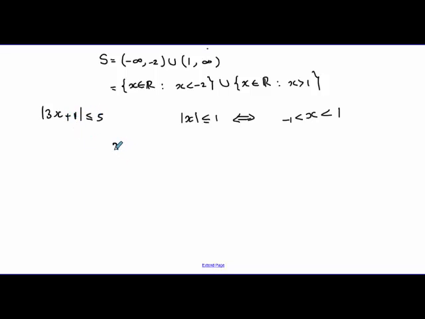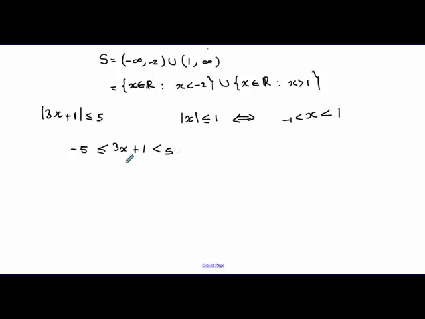So we'll be saying 3x plus 1 lies between 5 and minus 5. I hope you see the difference here: in that case we're dealing with a union, and here we're dealing with an intersection. Then we can actually work with this as one piece like that, instead of looking at two separate inequalities.